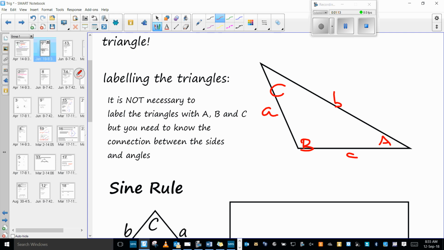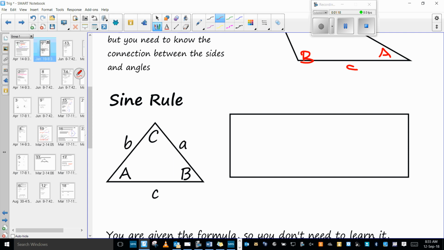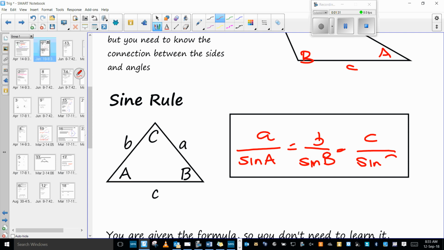Alright, so the sine rule. The sine rule is that a over sine A is equal to b over sine B, which is also equal to c over sine C. Now obviously when we do any kind of calculation, we're only going to be interested in one of the equal signs.